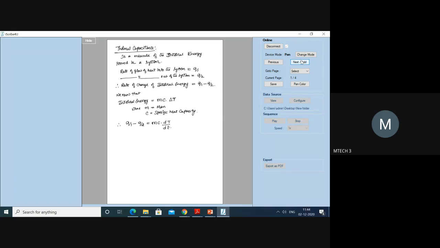The whole thing is replaced by another constant: Q1 minus Q2 is equal to capital C dT by dt, where C is the thermal capacitance, equal to M into C. Clear now?